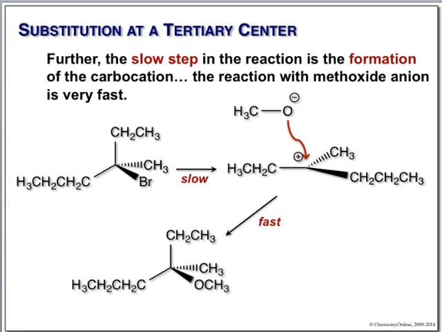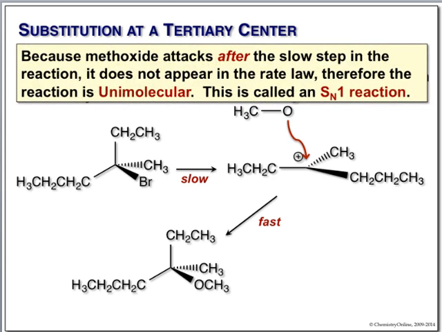This is our rate-limiting step, and this one is fast. So that's why this is unimolecular instead of bimolecular. We can show this using, again, this is called SN1, substitution, nucleophilic, just like before, except one means unimolecular.